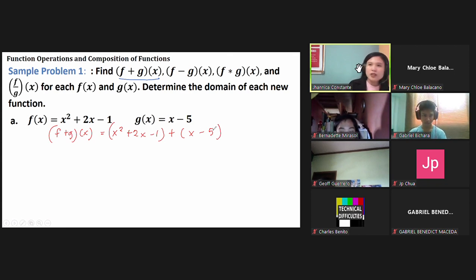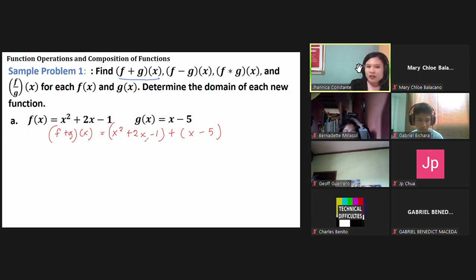If you still remember, when we are adding and subtracting polynomials, we can only add and subtract the terms that are similar. But those terms that don't have similarities with the other terms will remain as they are.